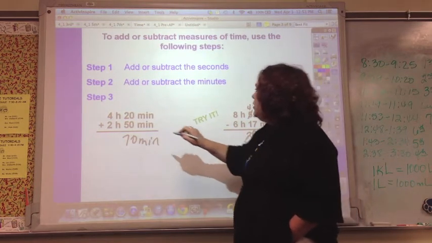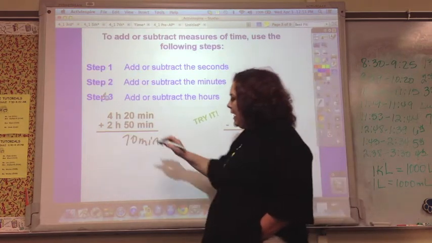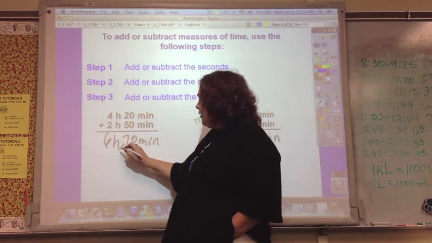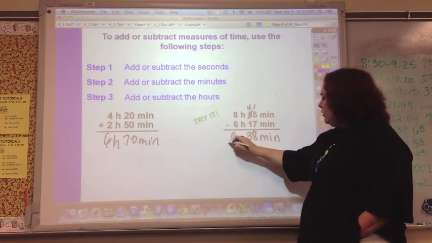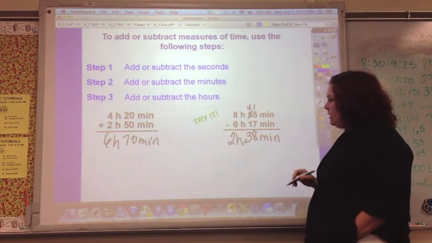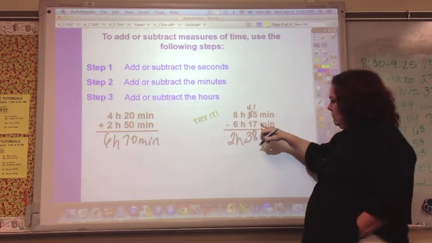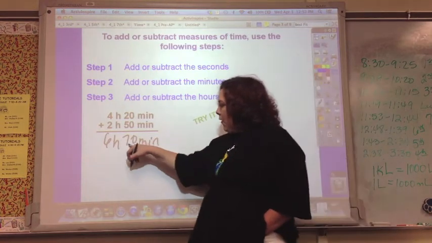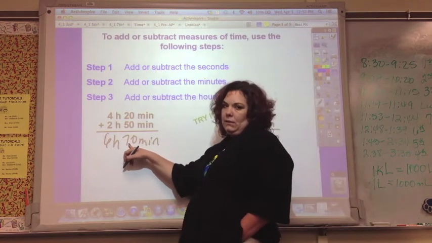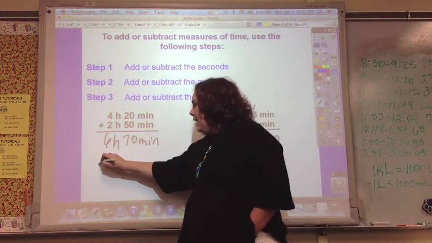And then you have to add or subtract the hours. Here we're going to add the hours, so 6 hours, 70 minutes. And here we're going to subtract 2 hours and 38 minutes. And I showed how you had to borrow to make this work. This is over 60 minutes, so you have to take 60 minutes from this and add 1 hour.